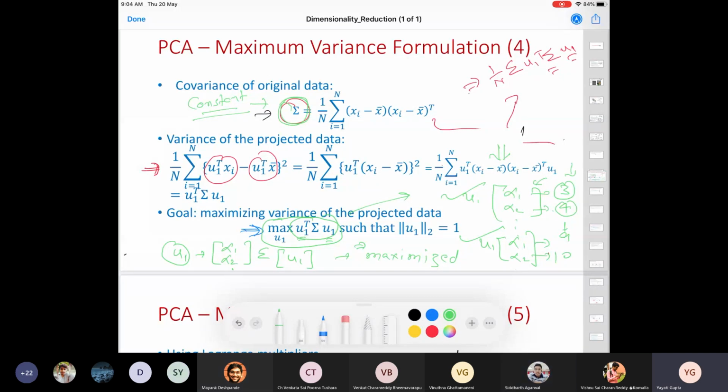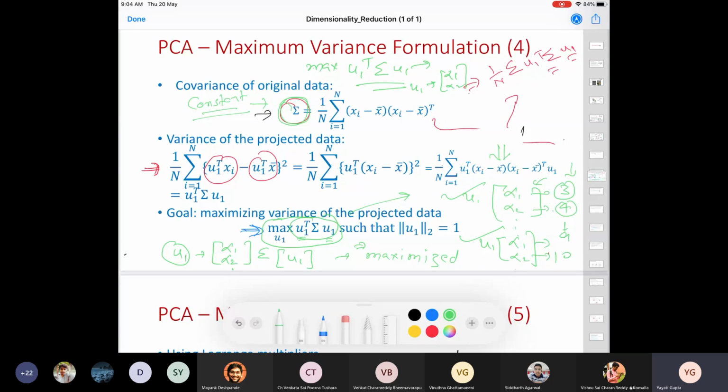So if you do not restrict it, if I just use this expression u1 transpose sigma u1 and maximize it, ultimately you will get to a point where the values in u1, which are nothing but alpha 1, alpha 2, go to infinity.